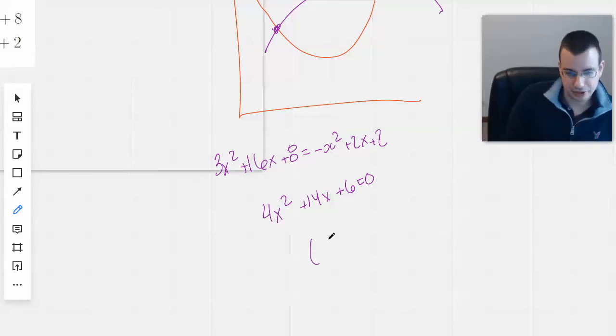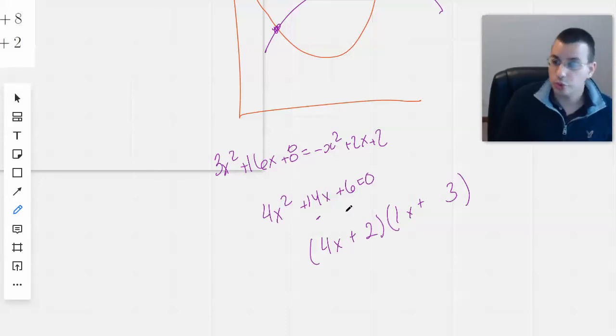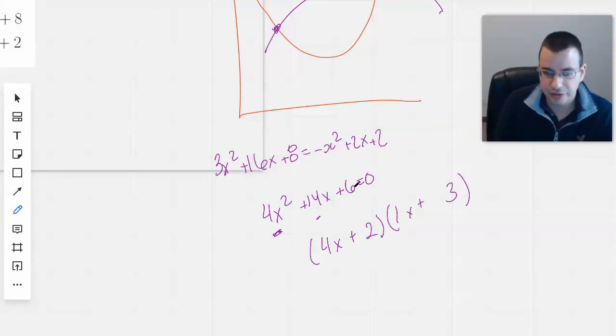Maybe we can factor this. So I'll say maybe 4x times, then we'll probably do a 2 and a 3, 2 times 3, and then we'll have a 1 here. So what I did was I made sure that the first and the last terms work, because 2 times 3 is 6, and 4 times 1 is 4.